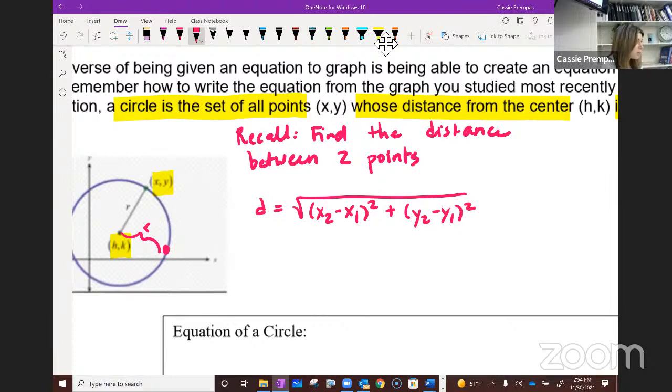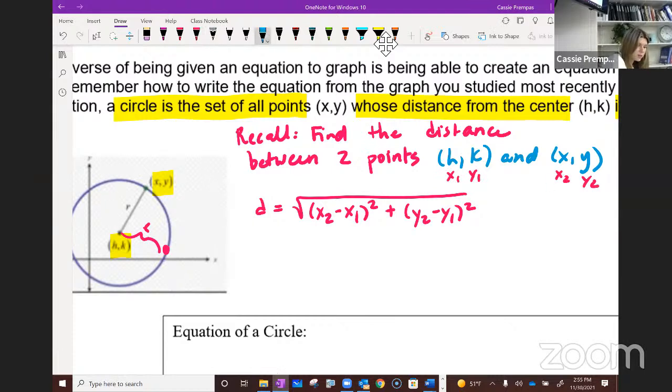Okay, if I'm using this picture, the definition of a circle is all the distance from the outside point to the center. So how do we find the distance between the 2 points, (h, k) and (x, y)? Could we just use the distance formula? So you'd use the distance formula. This would be your x1, y1, and this would be your x2, y2.